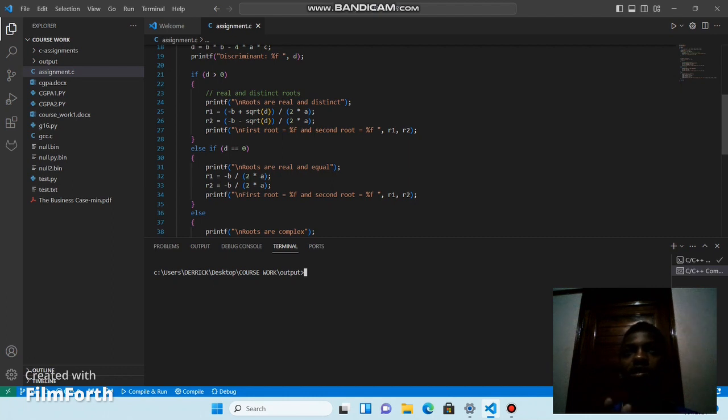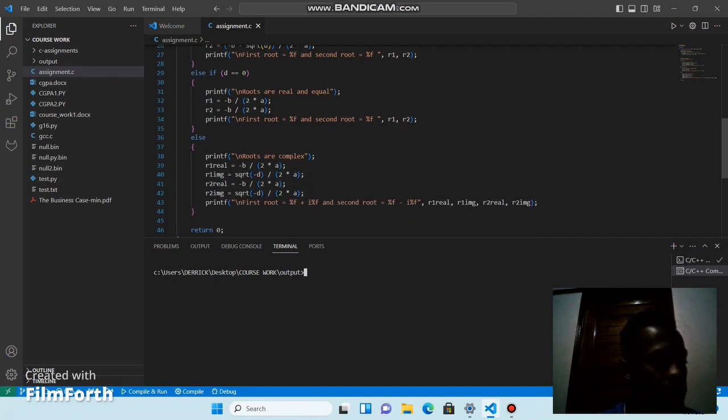So there is no part where you need the plus or negative sign. And so, same thing, it will print the first root and the second root, if it has satisfied the condition of the discriminant being exactly equal to 0.